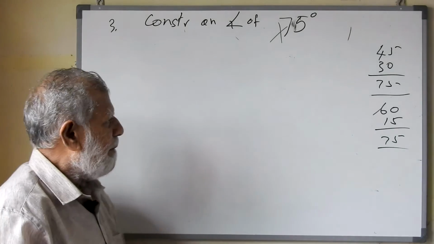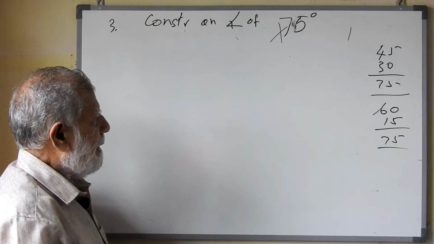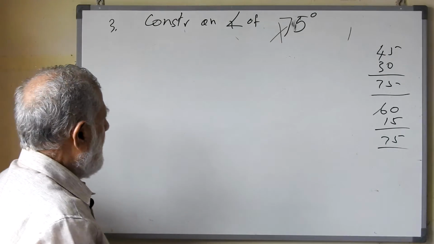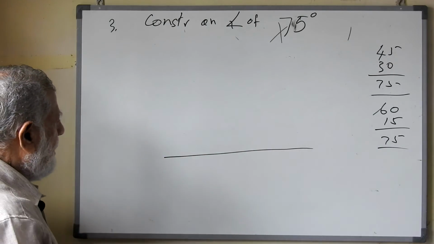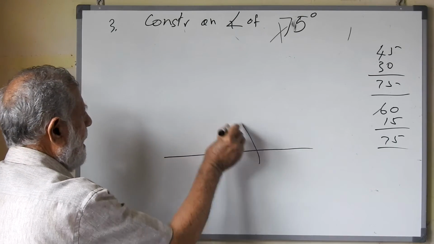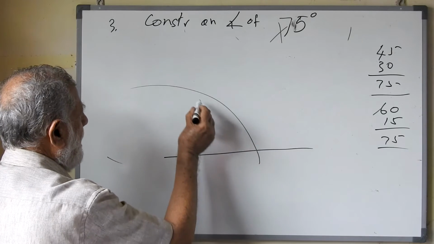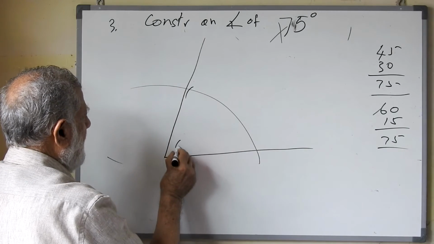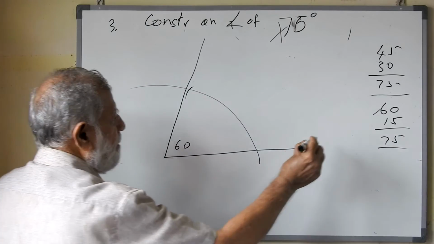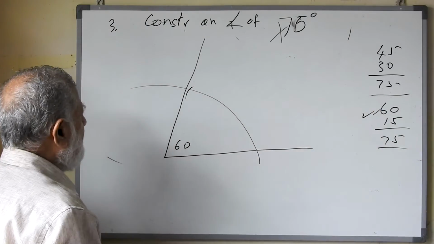Now we will try another method of drawing the 75 degrees, that is 60 and 15. First of all, draw the line and then draw the 60 degrees. From here, cut out like that. So we have got 60 degrees here. That part we have done. Now we have to get 15 degrees here.